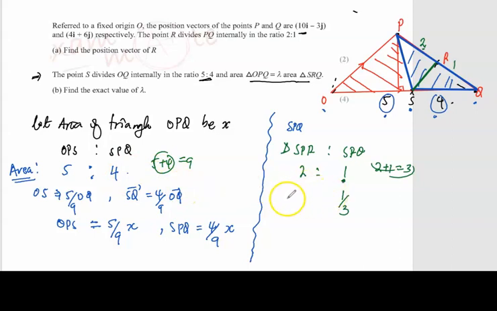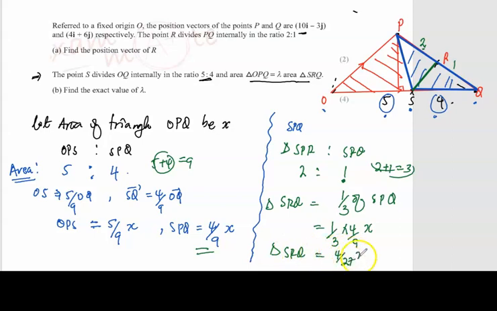So the area of triangle SRQ is 1/3 of the triangle it comes from, SPQ. But we know SPQ from over here: it is 4/9 of X. That means triangle SRQ is 4/27 of X.